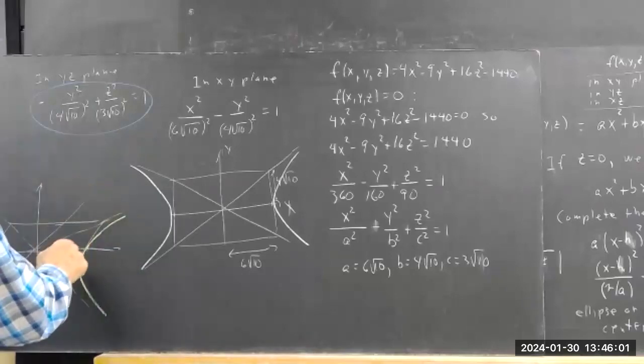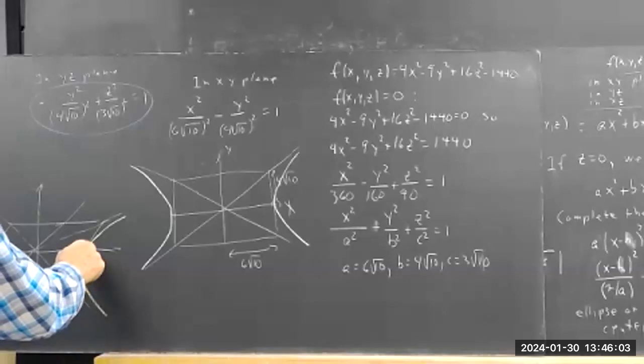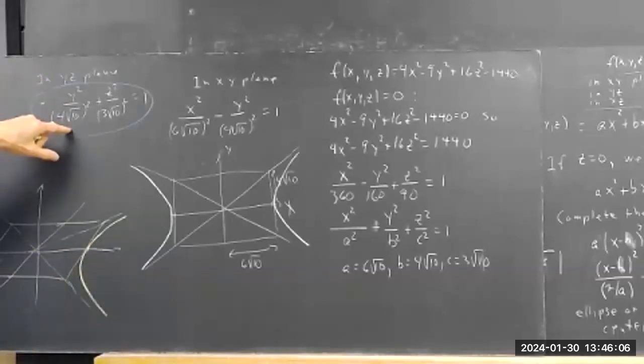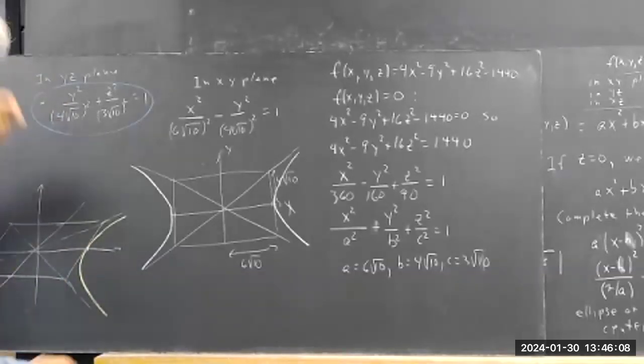Here's Y, here's Z. So in the YZ plane, of course, you're going to get your rectangle.